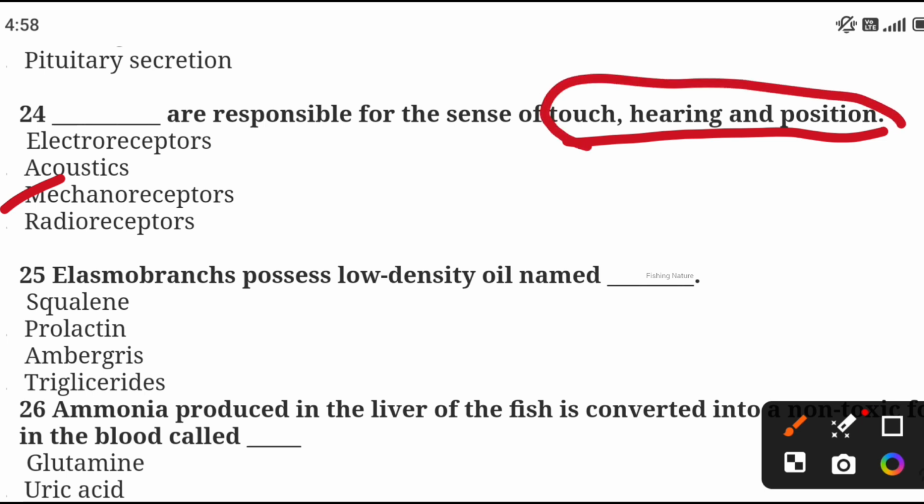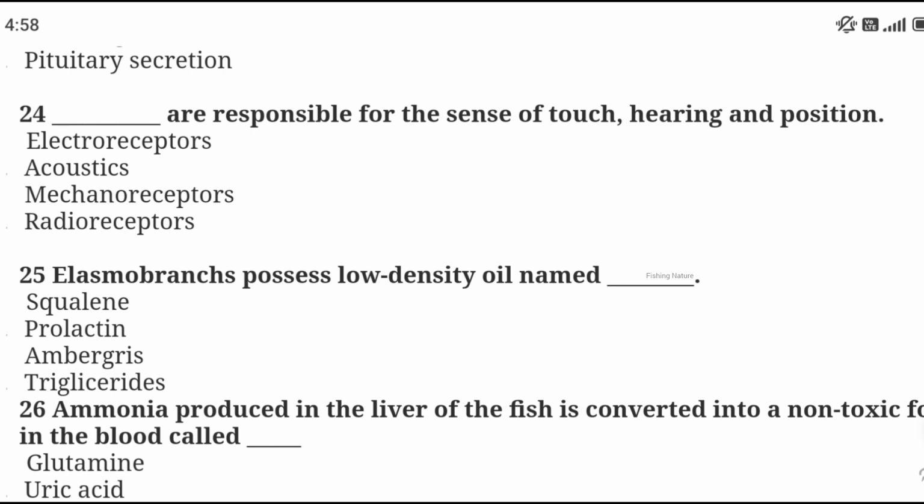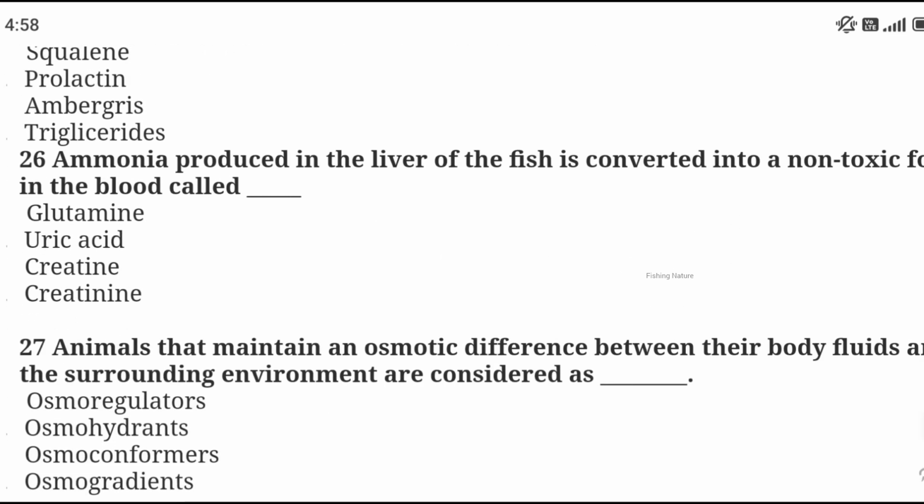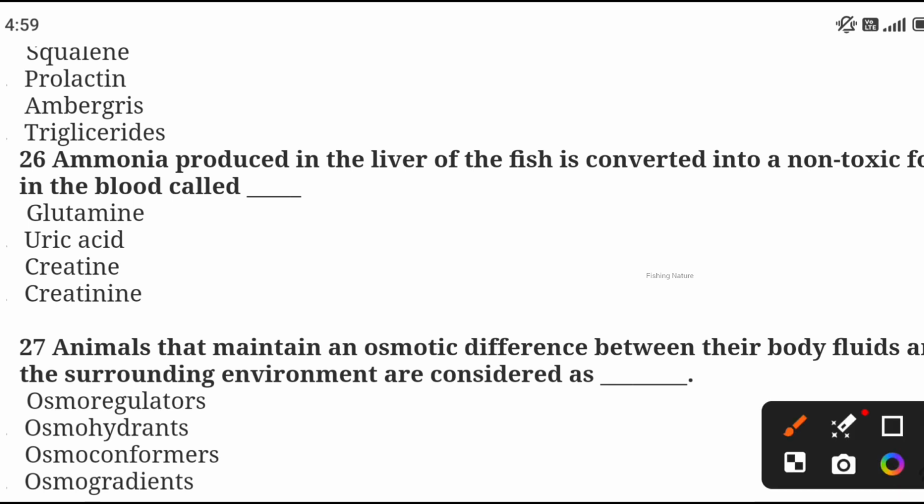Next, elasmobranchs possess a low density oil named what? It is called squalene. It is mostly present in elasmobranchs, for example sharks. Next, the ammonia produced in the liver of fish is converted into a non-toxic form in the blood, called which form? It is glutamine, which converts the ammonia into the non-toxic form.